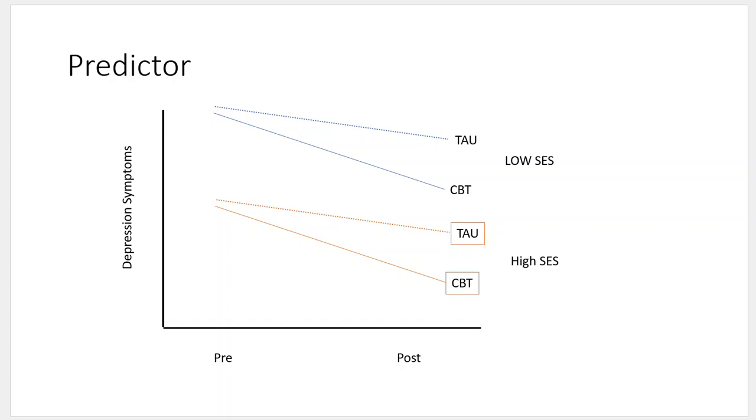Low SES here is a predictor of depression because if you're poor, you're more likely to be depressed, but it's got nothing to do with the treatment process itself. In both groups, CBT was better than treatment as usual, and if we did the calculations, the effect size is the same within each group, but the poor people were still more depressed at the end of the study. So here we would say that low SES is a predictor of outcome.